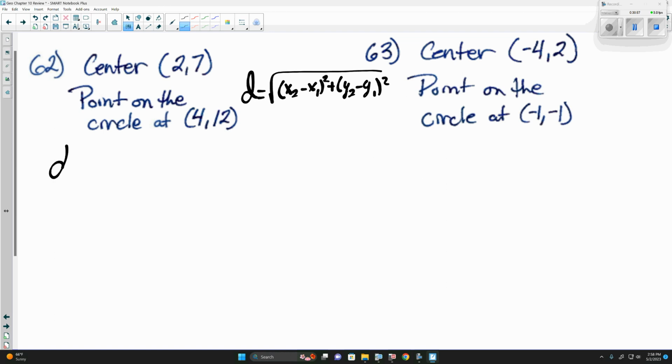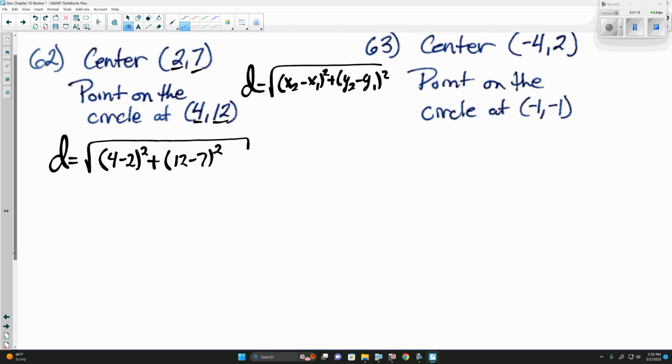Now for us here, we're going to use these 2 points, so the 2 x values, 4 minus 2 squared plus our 2 y values. Order doesn't matter, but we need to put both of them in. The x's together, the y's together. We can't mix those up.